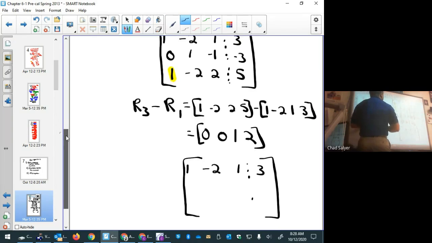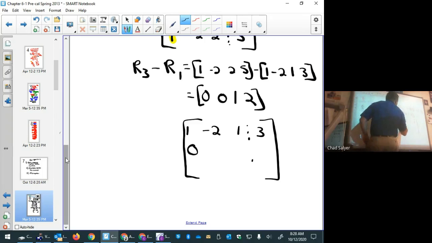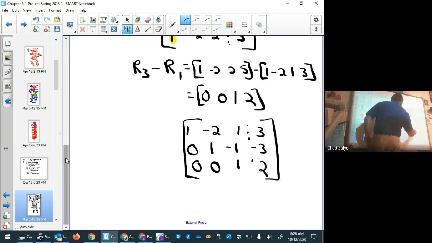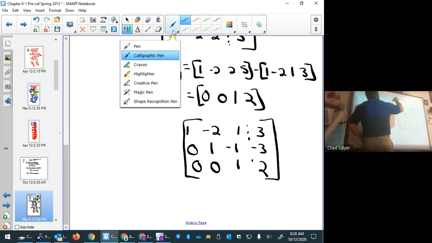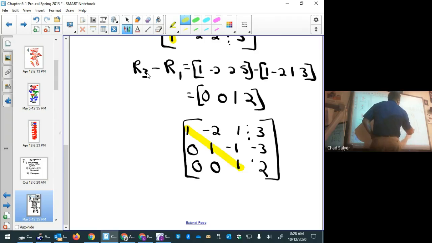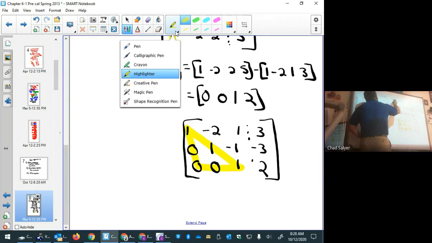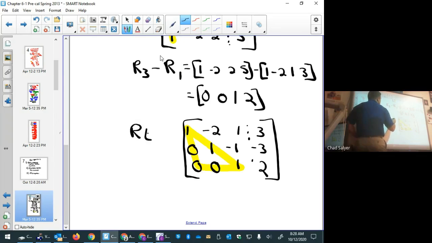So the middle row is now 0, 1, -1, -3. Last row is now 0, 0, 1, 2. Now we kind of got lucky. There were two cases where we got 2 for the price of 1, and that was by design, I'm sure. But do you see how now we are in row echelon form? Not row reduced echelon form, but we're in row echelon form.